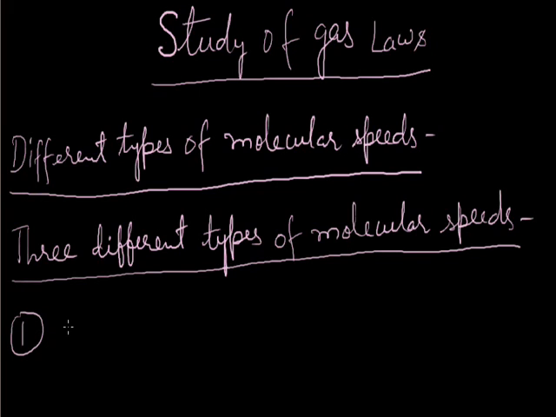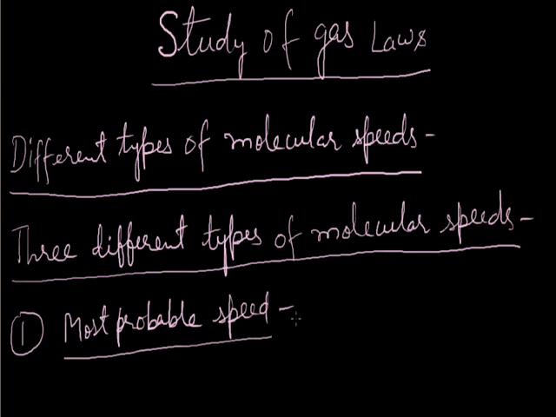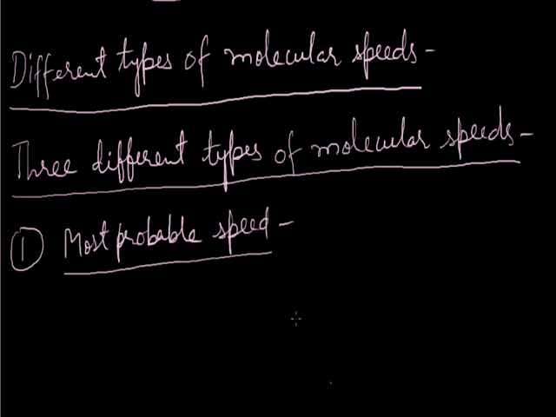Most probable speed. The most probable speed of a gas at a given temperature is defined as the speed possessed by the maximum fraction of the total number of molecules at that temperature.